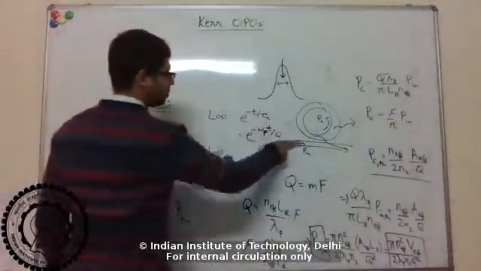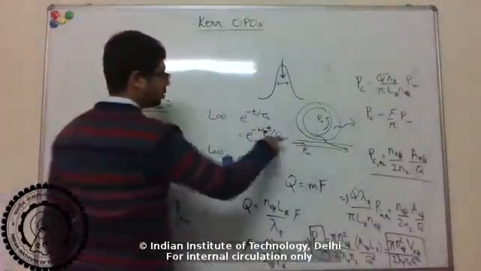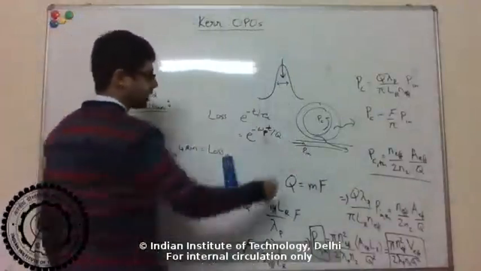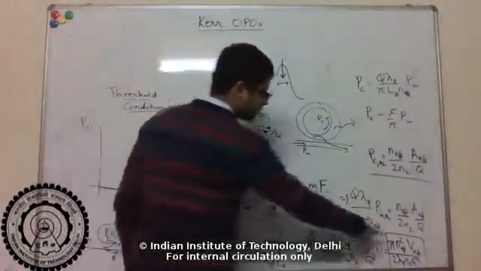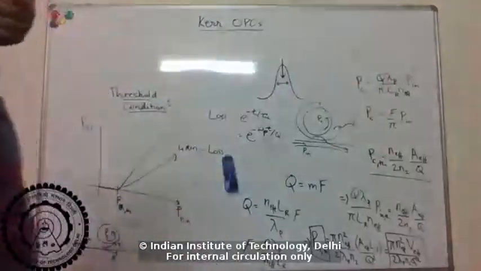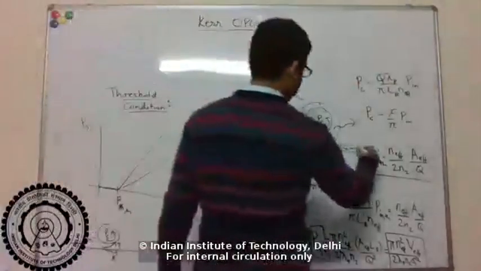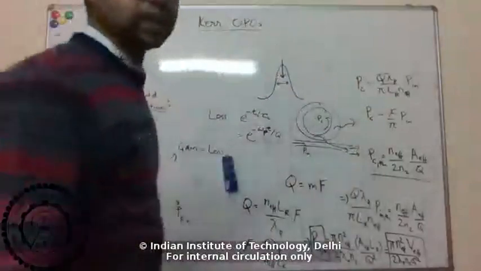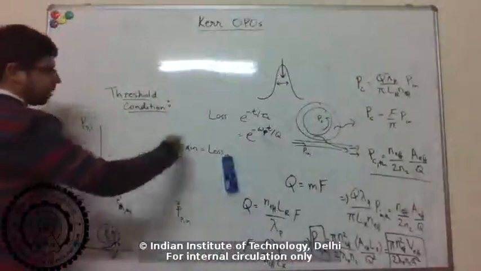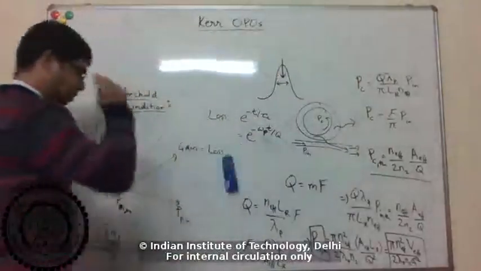As I increase my P in, I tune my laser to one of the resonance frequencies and keep increasing the power. When the power reaches this value, then suddenly I get two new frequencies coming out, signal and idler. And then if I further increase, I can increase the power in these modes coming out.